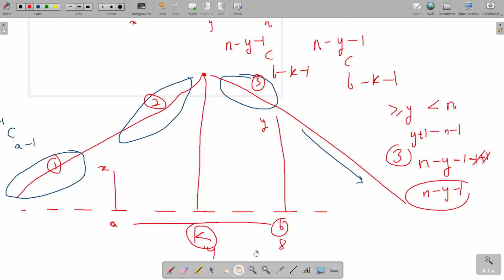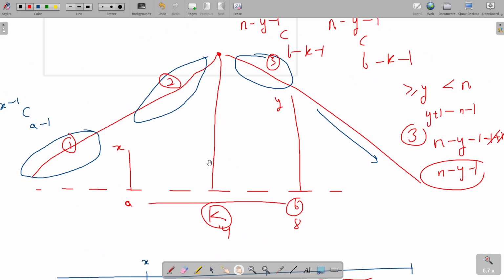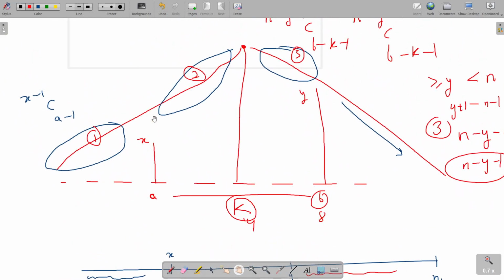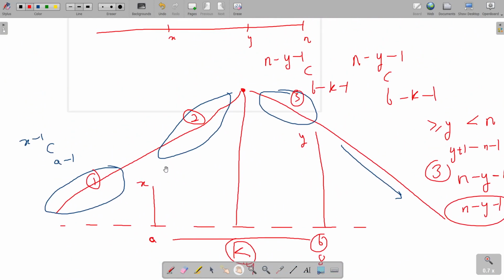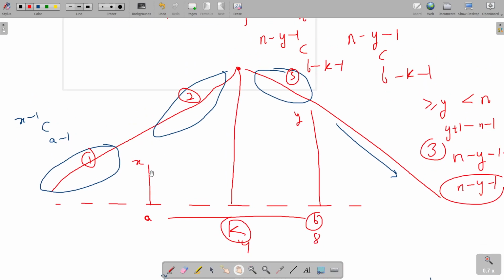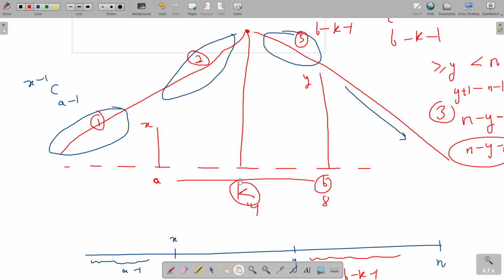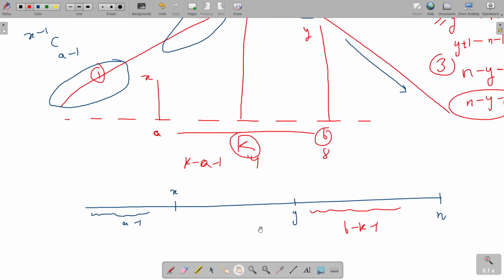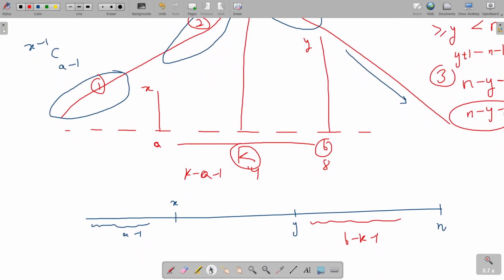Now finally, to solve for this range, we basically need some values between x and n, and this is a little tricky to understand. How many values do we have to take? We have to take k minus a minus 1 values. Okay. But the thing to understand here is that you need to completely exhaust this range as well.